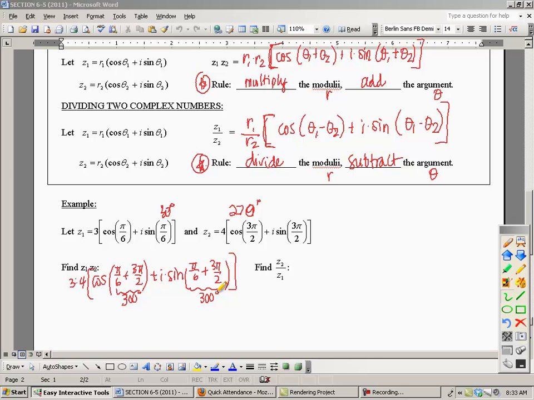So you basically have 12 times the cosine of 300. Well, the cosine of 300 is 1/2 plus I times the sine of 300, which is a negative square root of 3 over 2. If I distribute this through, you get 6 minus 12 divided by 2 is 6 square roots of 3, and let's put the I in with the 6. So it's 6 minus 6i square roots of 3.